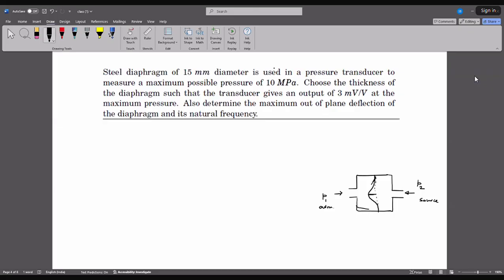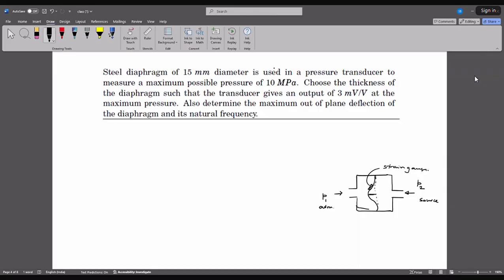But then how do you measure it? You mount a strain gauge on this diaphragm, and the resistance change of the strain gauge basically gives you the pressure information.